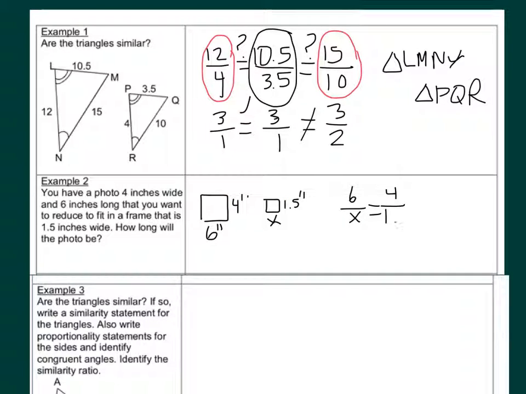So 4 over 1.5. Our proportionality statement says these fractions should be equal, so I can go ahead and solve. I would get 4 times x equals 9. Then if you divide by 4 on both sides, I'm your calculator, you would get 2.25. They're talking about inches here, so my new length would be 2.25 inches.